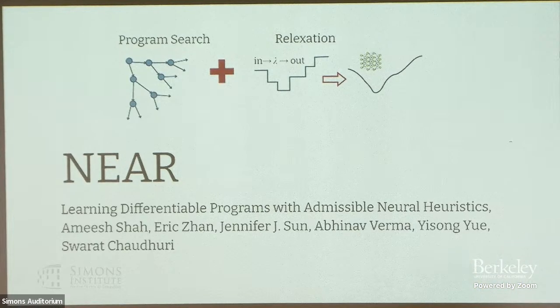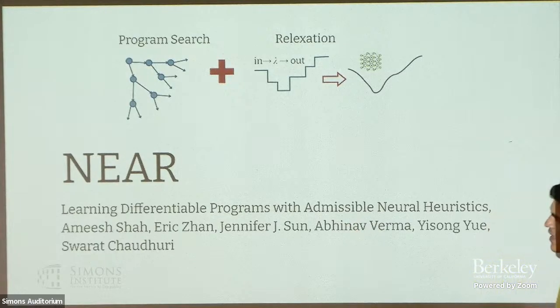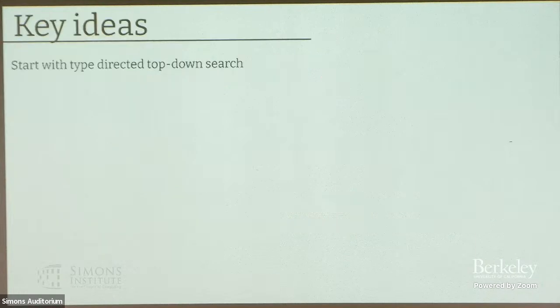This was a paper from Swarat Chaudhuri's group, and they presented an algorithm called NEAR, based on neural admissible heuristics. The key idea behind this approach was as follows. You want to synthesize programs, but you want to synthesize programs that have some numerical parameters that have to be optimized.